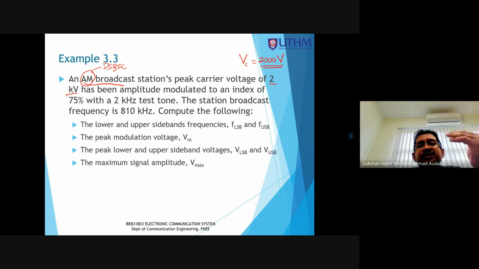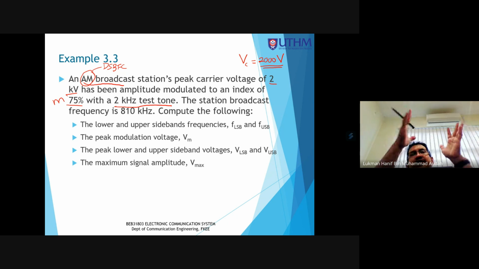So this carrier has been amplitude modulated to an index of 75%. So this is M, with a 2 kilohertz test tone. The carrier is modulated with another signal, a test tone. The test tone is actually referring to the modulating signal.